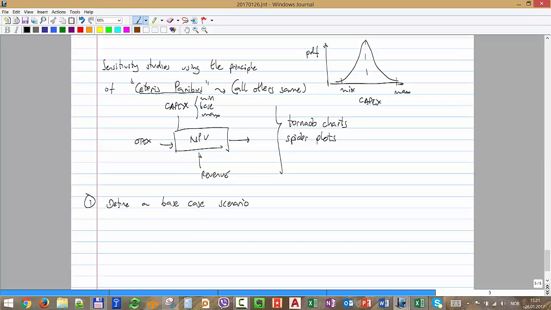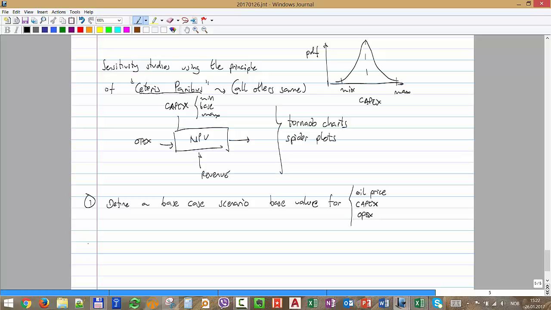So you have to define a base case scenario. That means defining a base value for example for oil price, for capex, for OPEX, etc. Whatever value you think will have a variation in the life of the field, might have some change.